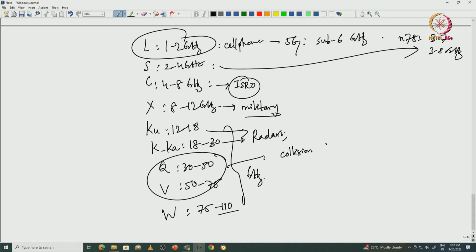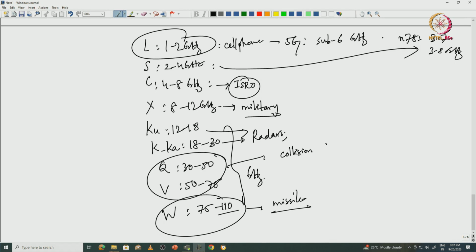W band is typically useful for missile radars. They are chosen based on the absorption of these different wavelengths in the atmosphere, in water vapor. They are also used keeping in view what enemies might be using, how difficult it is to jam them, and how well you can ensure that they are not jammed or detected by enemies.